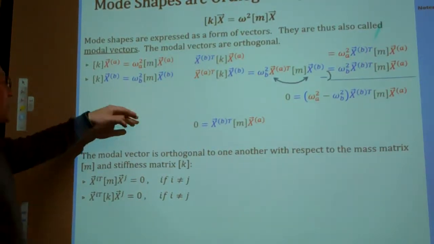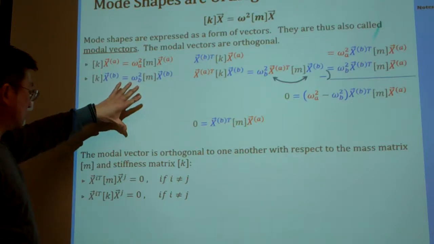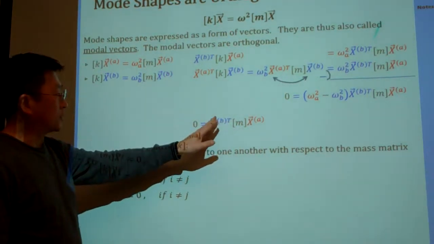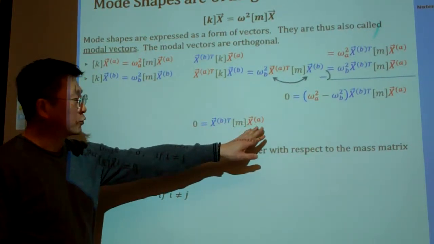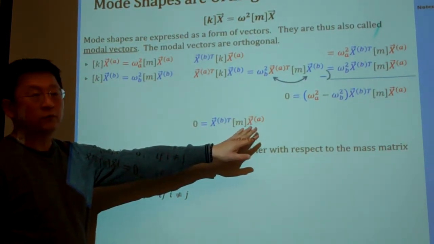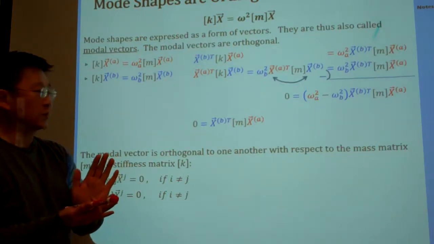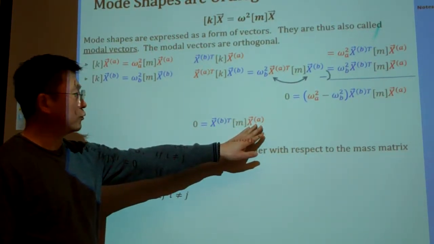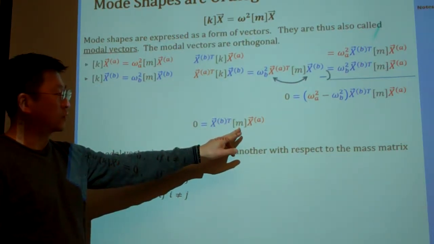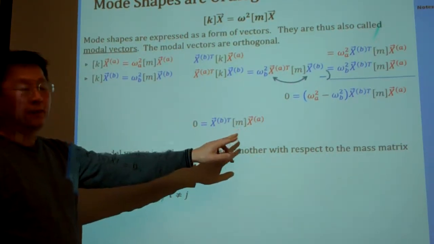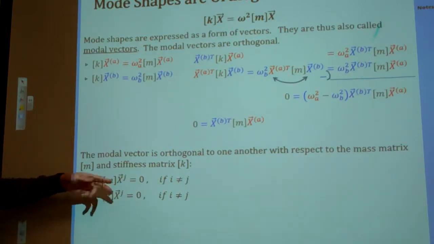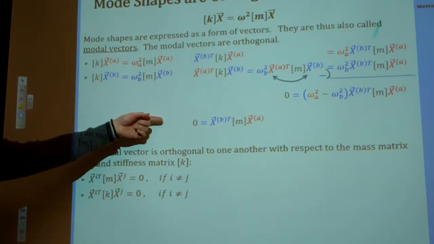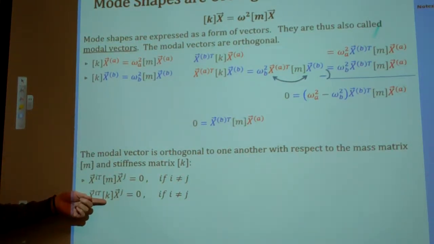In a similar process, we can also show that the modal vectors are orthogonal, which means perpendicular to each other. Any two modal vectors are also orthogonal with respect to matrix K. So here is the result. The first relation is a direct result from here. This is a derived equation.